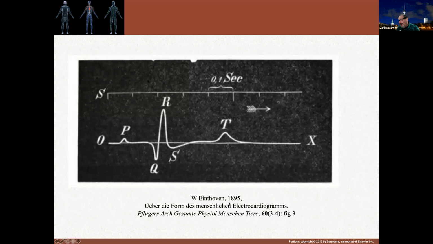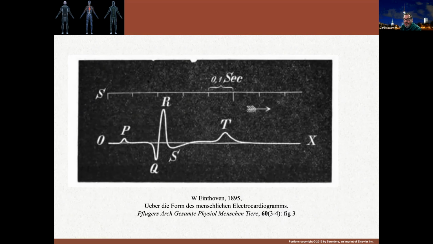And this is Einthoven's definitive EKG. I say definitive because he actually had a form of EKG that he did earlier, which showed a different wave pattern. But this one shows the classic PQRST waves that we know, along with the time frame here. And this was published, as you can see, in Pflüger's Archive in 1895.